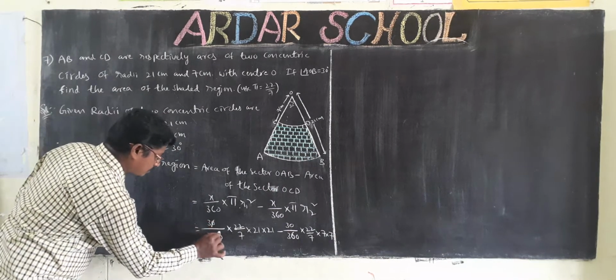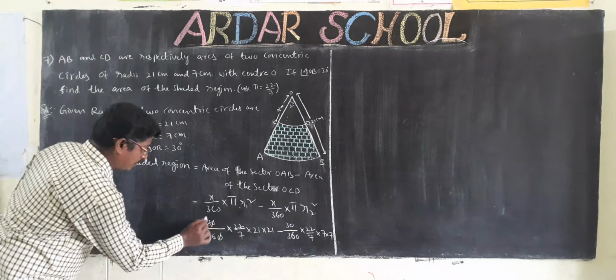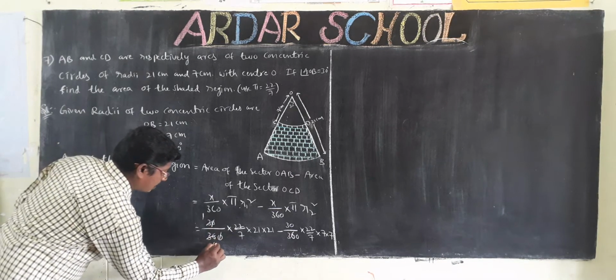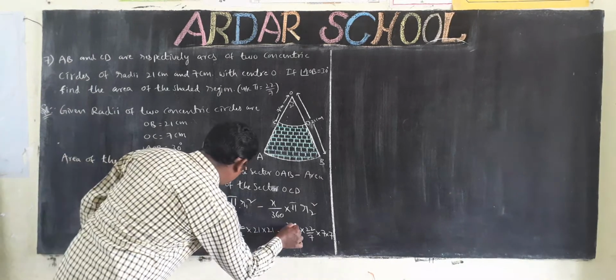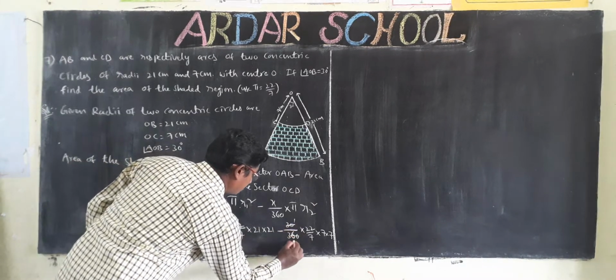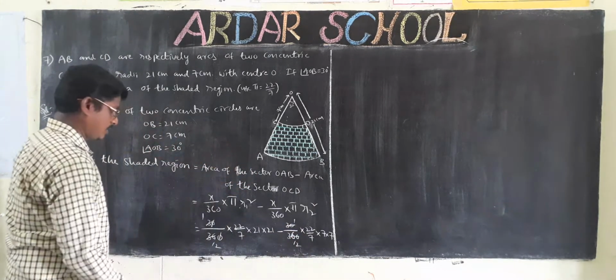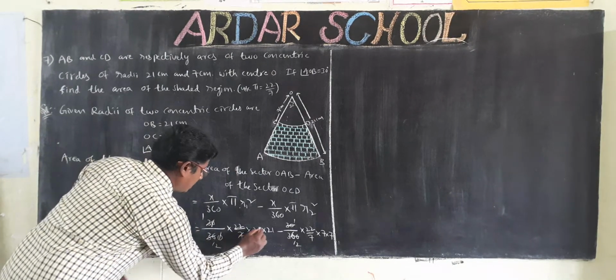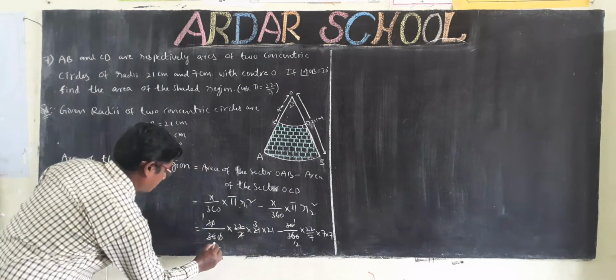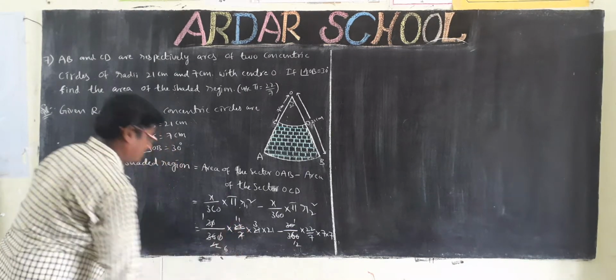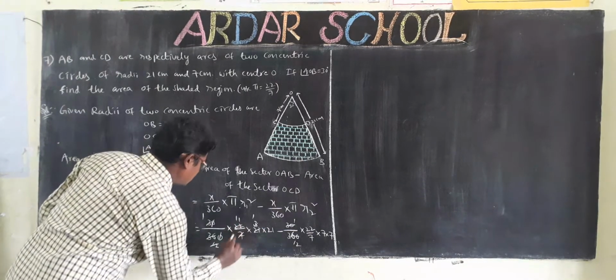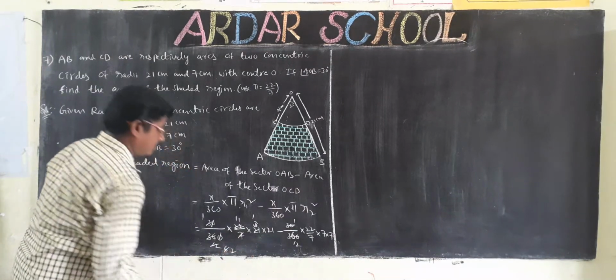30, zeros cancel. 3 ones are 3, 3 twelves are 36. Next here also 30 ones are 30, 30 twelves are 360. Okay. 7 threes are 21, 2 sixes, 2 elevens. Here 3 ones, 3 twos.